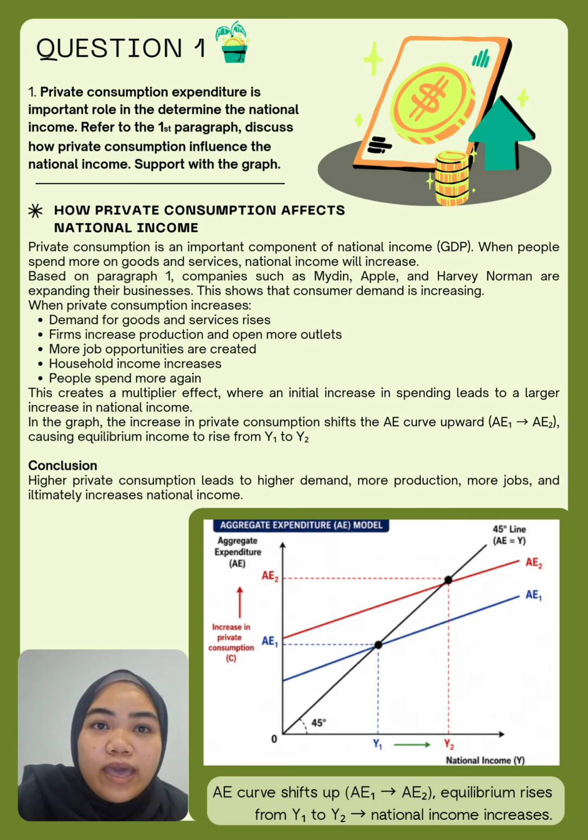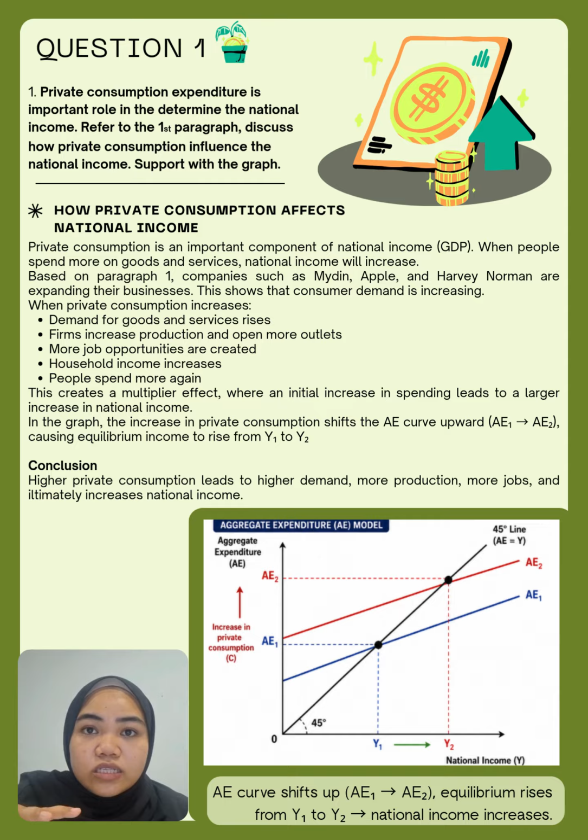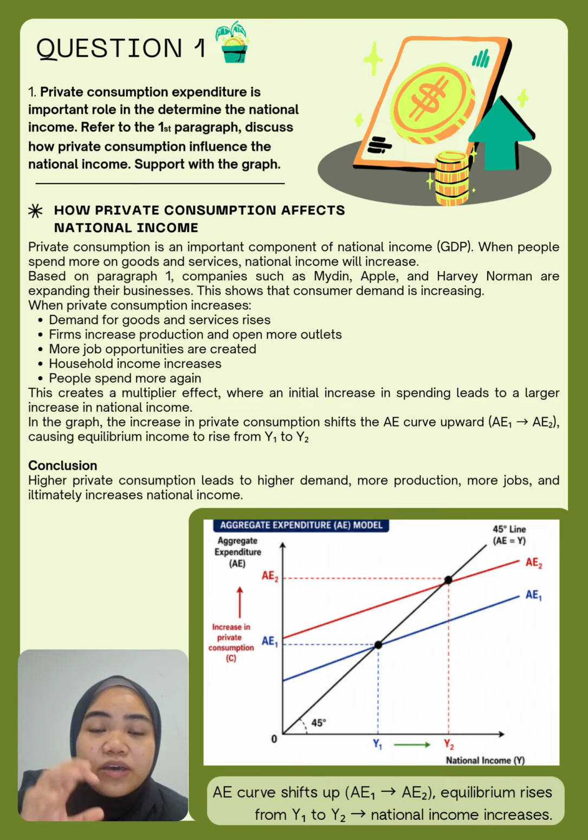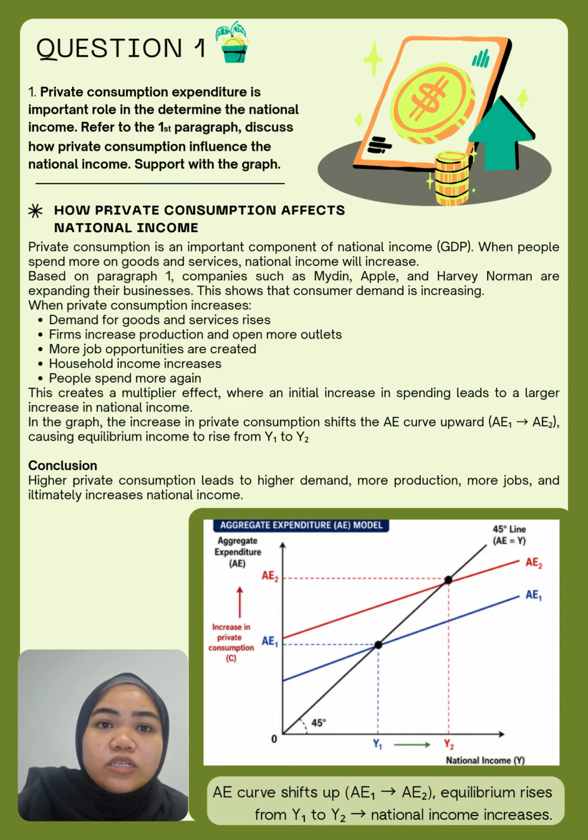When private consumption increases, the AE curve shifts upward from AE1 to AE2. This shift creates a new equilibrium at a higher level of income, which is from Y1 to Y2. This shows that an increase in private consumption leads to an increase in national income.